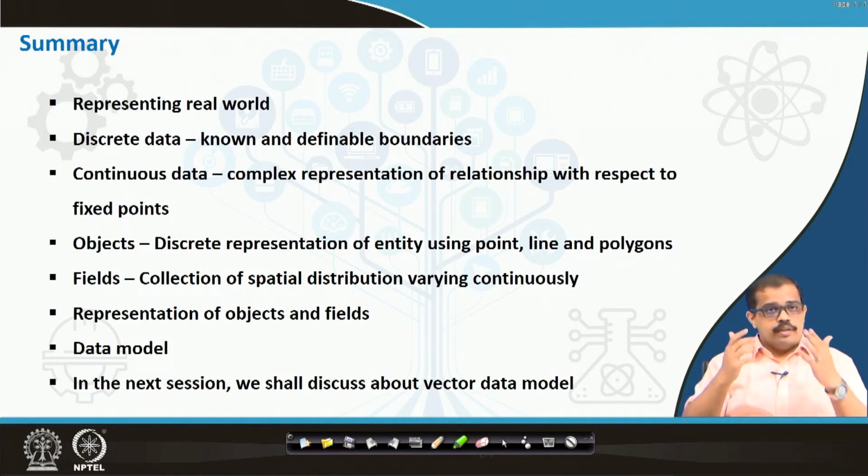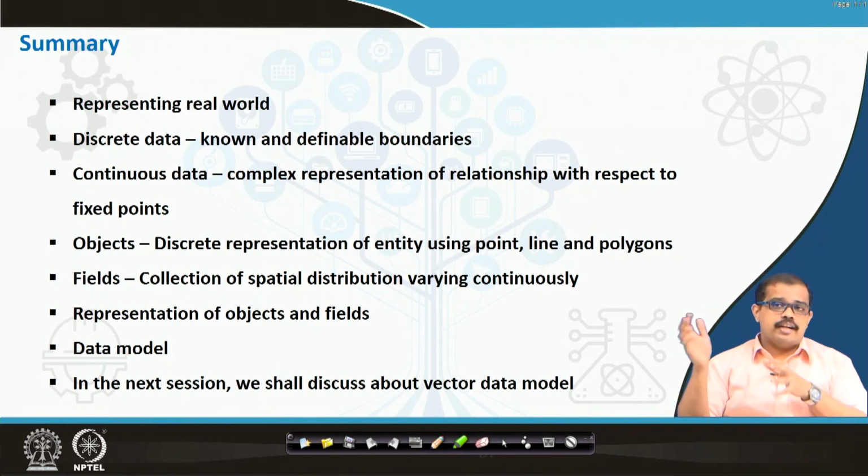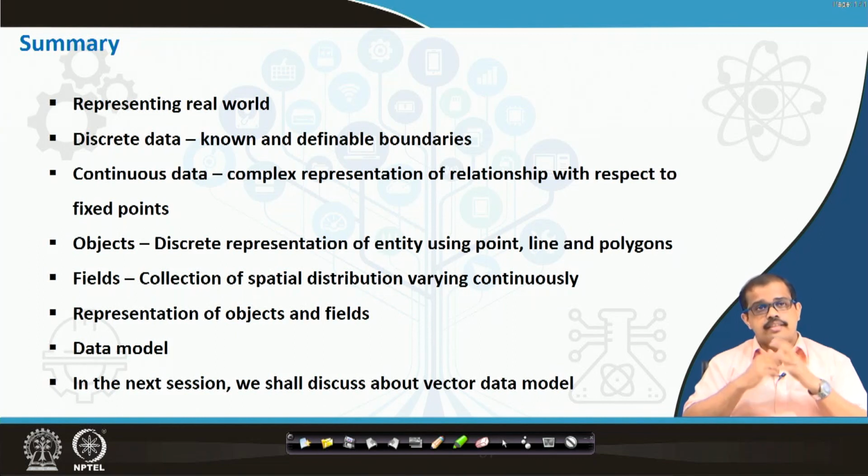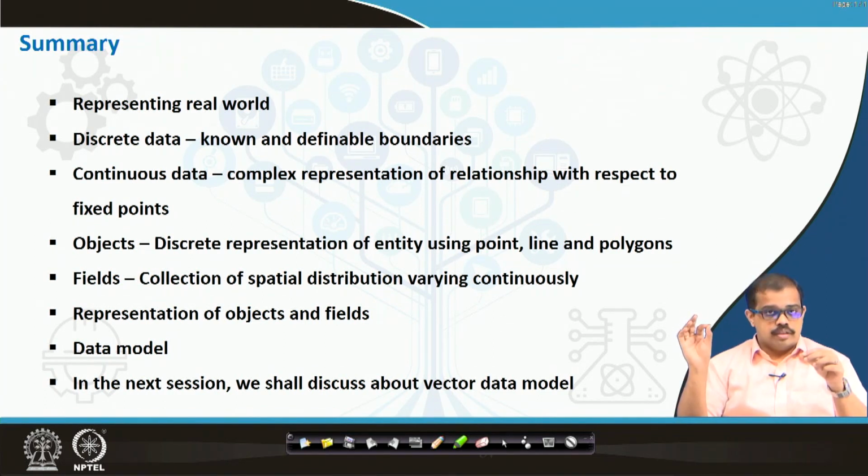Okay. So, when you look at the real world, it can be divided into discrete data and continuous data. When I say discrete data, it has a defined boundary, whereas continuous data is a complex representation of a relationship with respect to a fixed point. Okay.